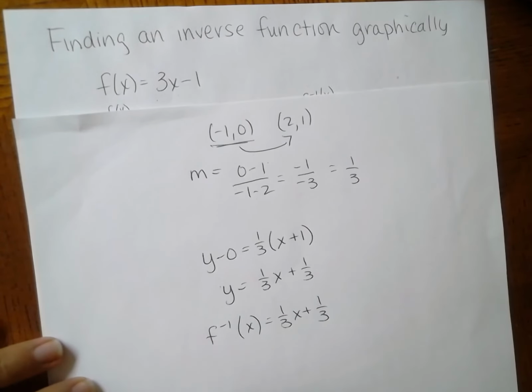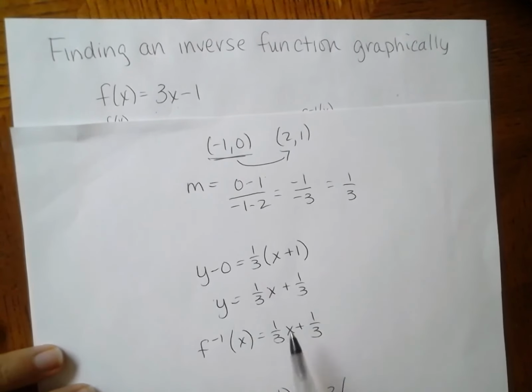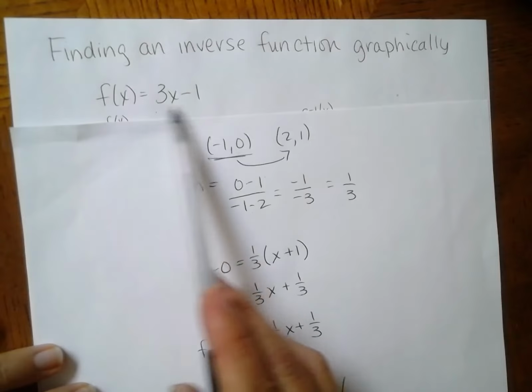So let's do that. Let's take f and plug in f inverse of x. That means I'm going to have f of 1/3 x plus 1/3. So that means I'm going to have 3 times, okay, so I'm taking it and putting it into my f.